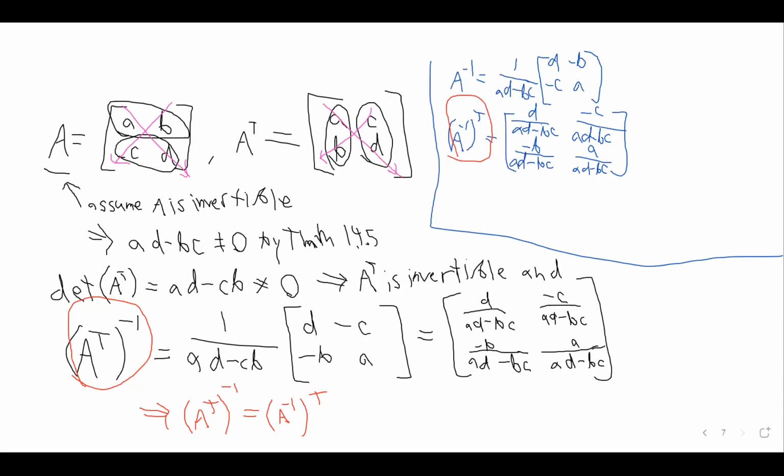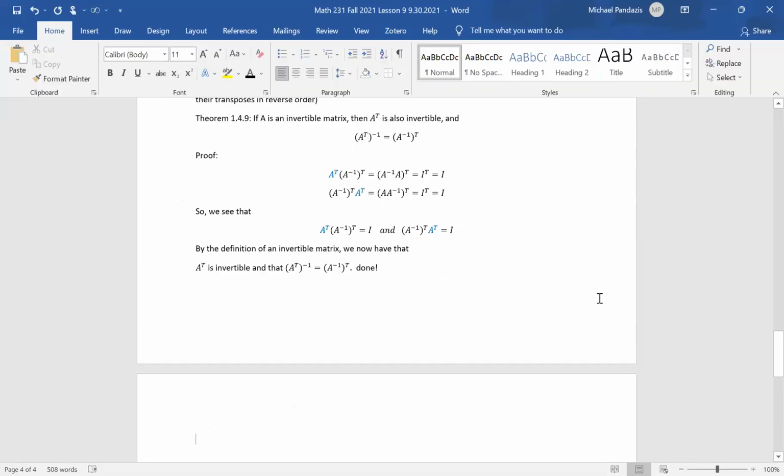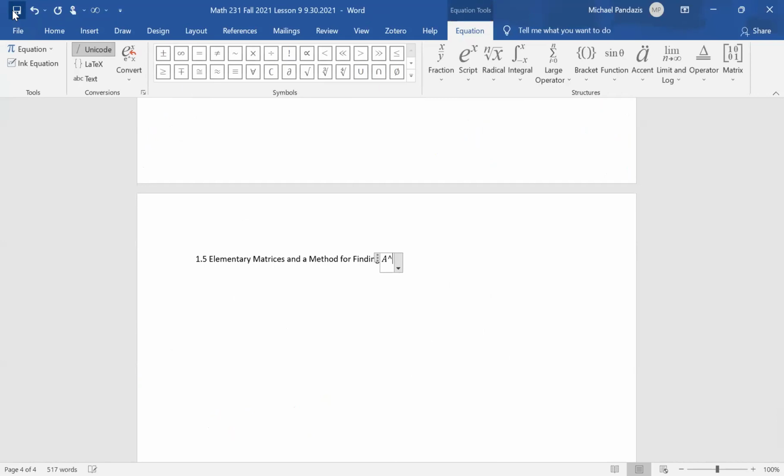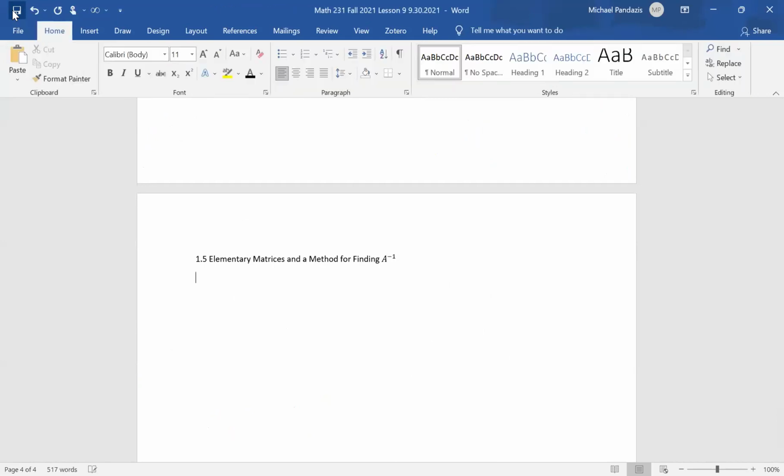Okay, let's keep going. Section 1.5 is on elementary matrices and a method for finding A inverse.